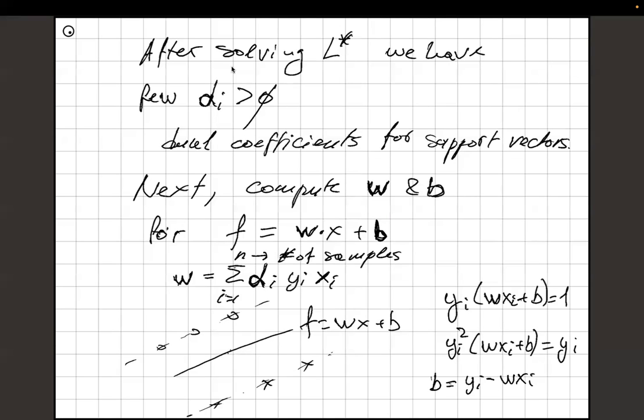So the vector w computed above, x you know, y i you know. And what you do, you compute b for all samples of support vectors and average, take a mean. So then your model is complete. So that is the final model that is used for classification. So pretty much similar equation.